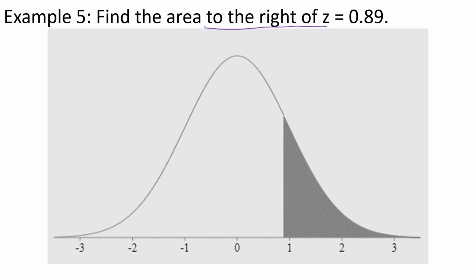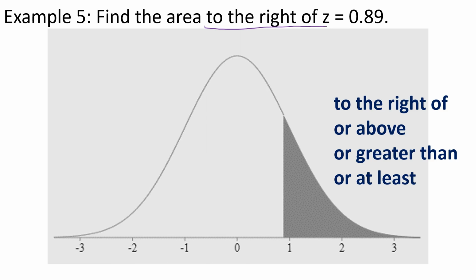But sometimes the given terms are this: above, or greater than, or at least. But take note that these four mean the same thing. Or there might be another term which will mean the same as these four. So this can also be rephrased as find the area above z equals 0.89.